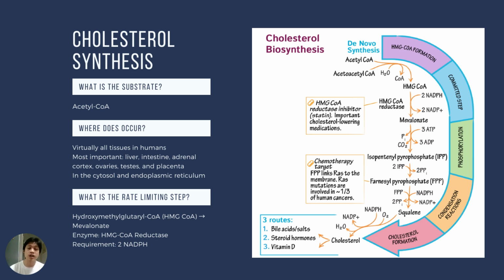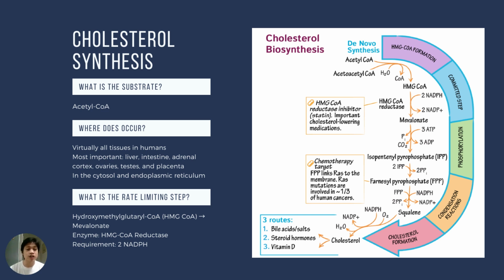Why? Because cholesterol is an important component of the cell membrane. In the cell membrane, cholesterol maintains the fluidity of the membrane, which makes it pliable, and at the same time, it makes it strong. It is important, especially in the liver, in the intestines, in the adrenal cortex, ovaries, testes, and placenta.